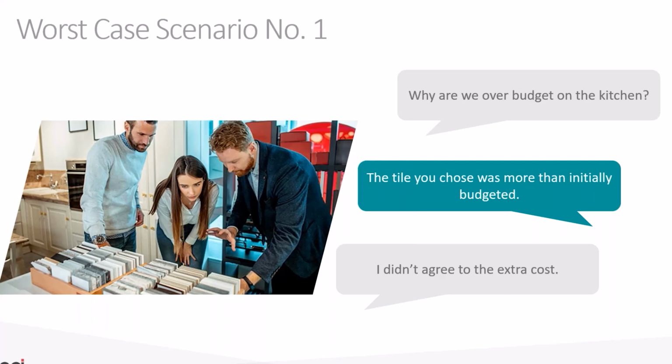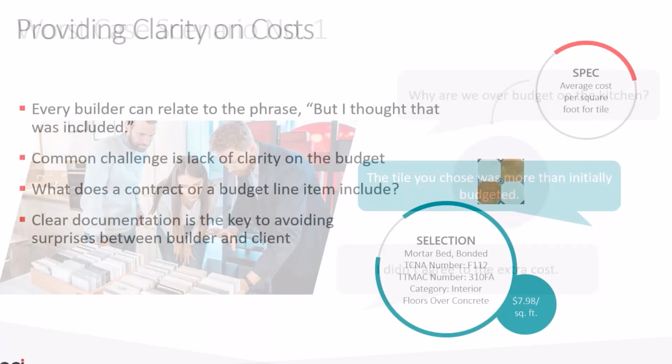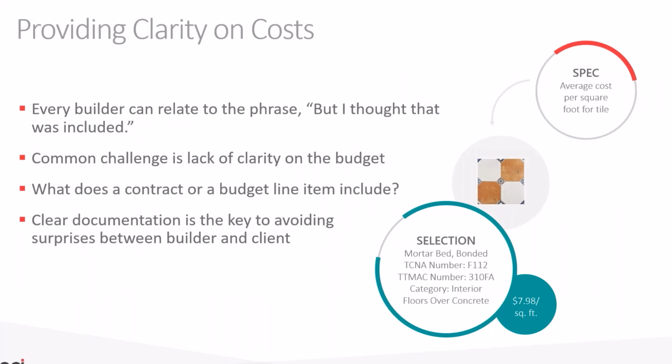Well, the tile you chose was more than we initially budgeted. Wait a minute, and then the homeowner may say, I didn't agree to the extra cost. So how could that possibly happen? Well, this might be an example of a situation where we said, you know what? The average cost of this tile is around this much money. We spent a lot of time trying to find the tile, but what we want to get away from is a lack of communication.